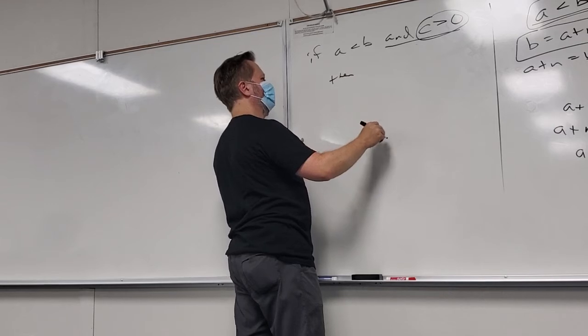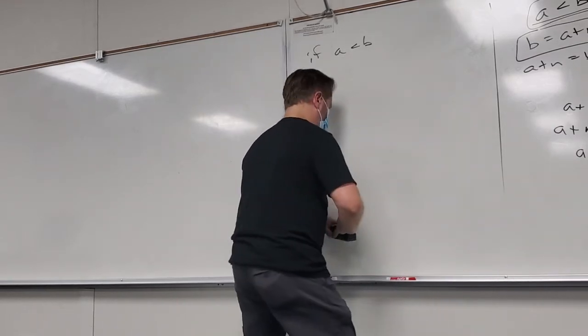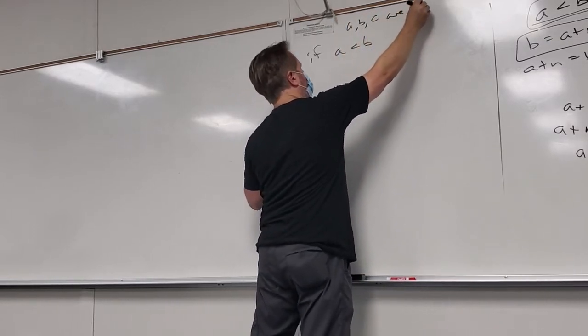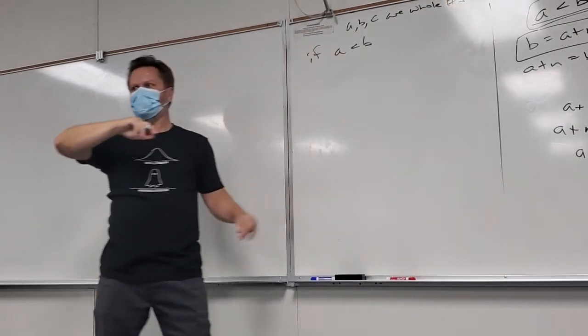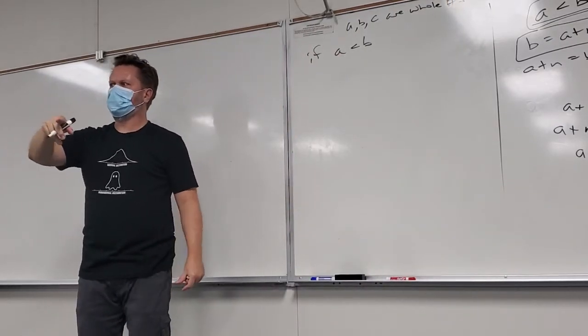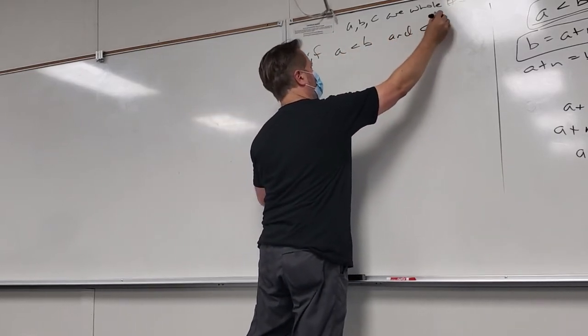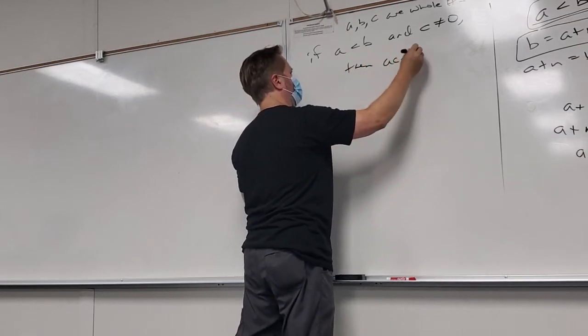Let me say this a different way, because this book is weird. A, B, C are whole numbers. What does that mean about them? They're basically not negative. So then this book will actually say this. And C not 0. Then this is definitely true.